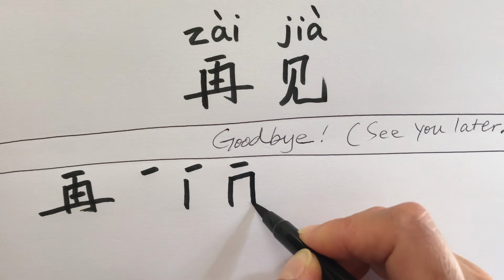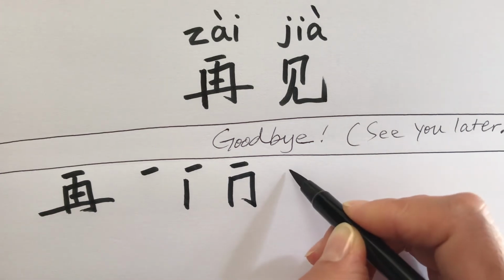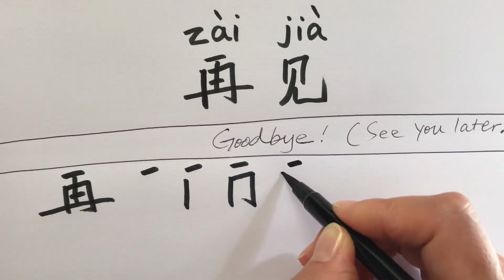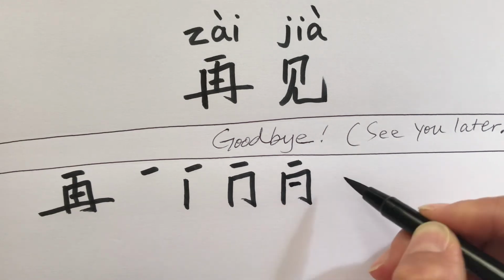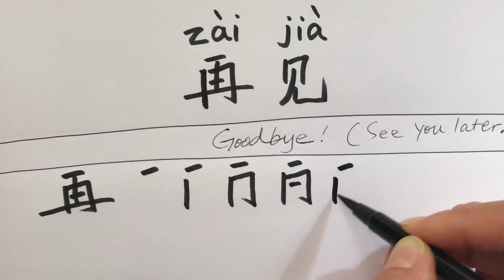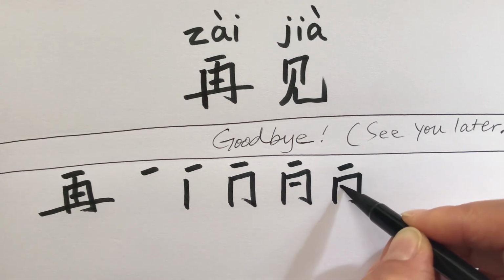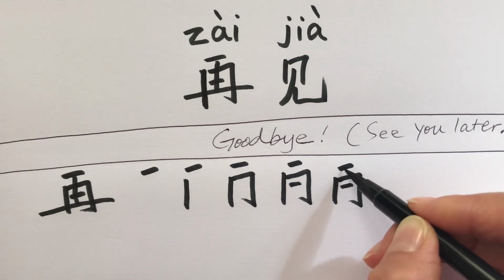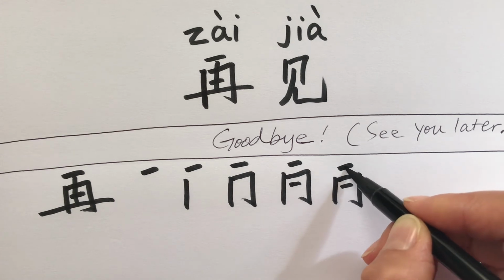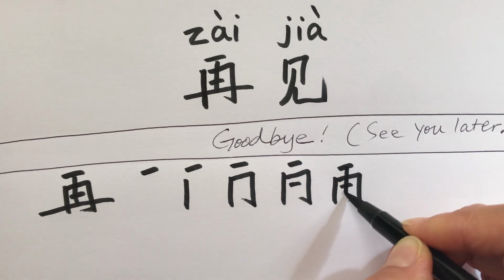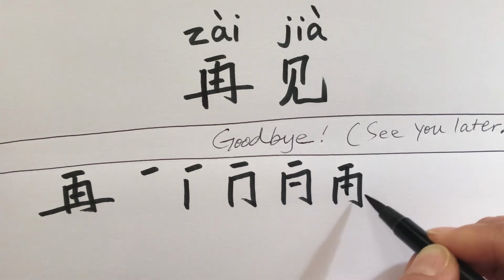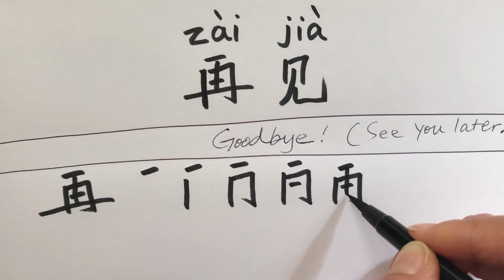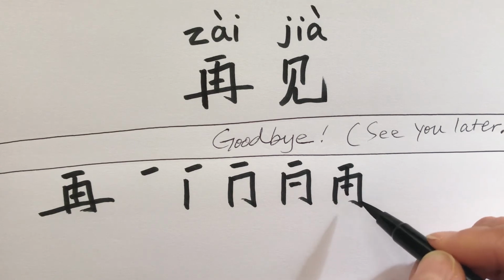Connect here. And then this horizontal line is going to go through these lines, this vertical line is going to go through these horizontal lines, still inside this big box.